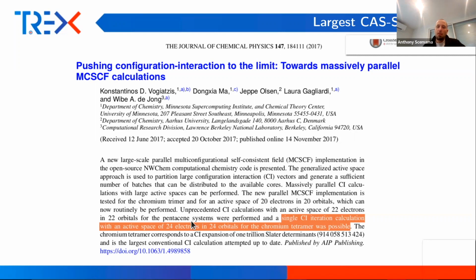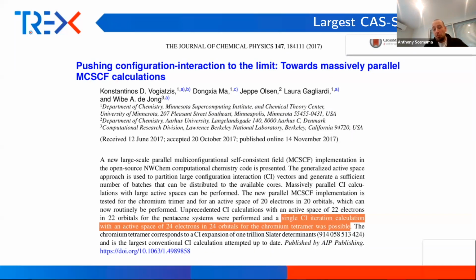If you count how many determinants you have in this space, it's 914 billion determinants. So it's really an enormous CI calculation. It's the largest conventional CI calculation attempted to date in 2017. I'm not aware of a larger calculation than that.